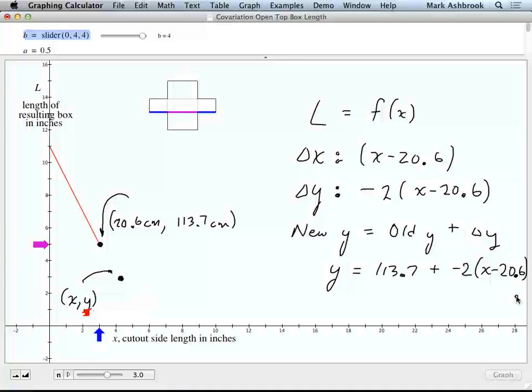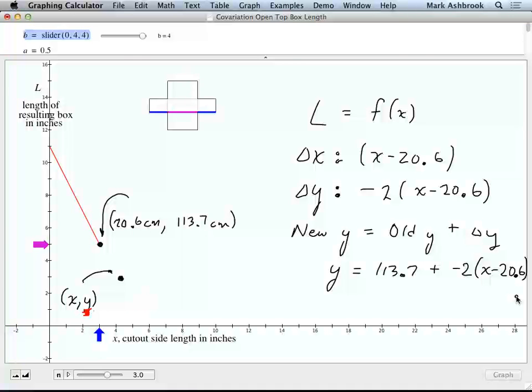No, this point can be any point on the line. See, x, y can be any point that you want on the line. If you want to change from 20.6 to x, how much change will you have in x? If I change from 20.6 to 19.6, you mean? No, x, y represents every point on the line.